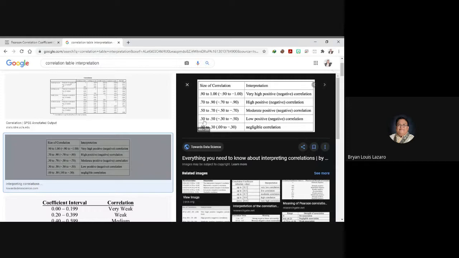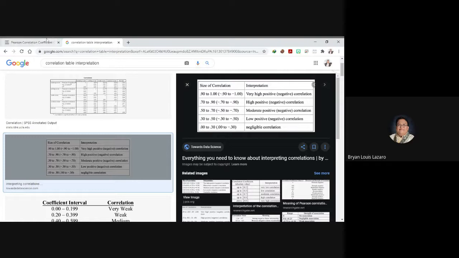Pag 0.3 to 0.50, low positive correlation. 0.50 to 0.70, moderate positive correlation, counterpart niya kung negative siya, ganun din. 0.7 to 0.9, high positive correlation. 0.9 to 1.0, very high positive correlation. Unless it is negative, so negative correlation.